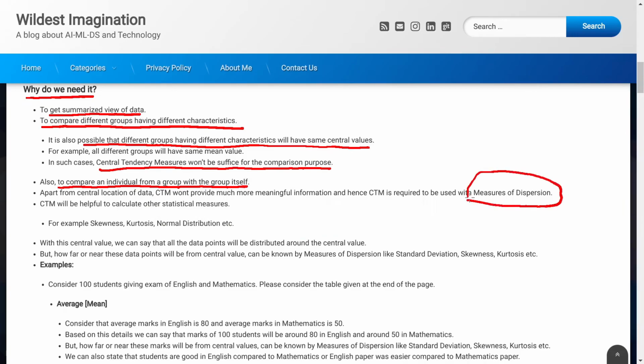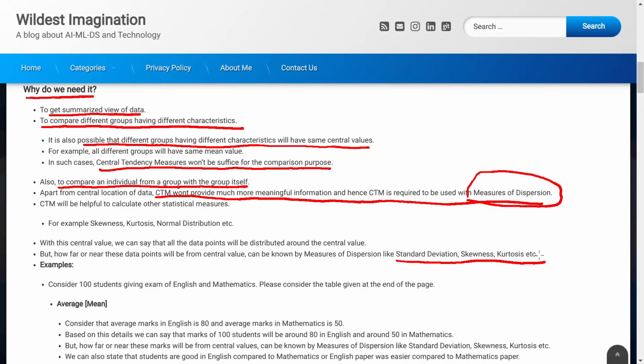Apart from the central location, summary statistic, or overview of all the data points, CTM won't provide much more meaningful information, and hence it is advisable to use CTM with measures of dispersion like standard deviation, skewness, kurtosis, variance, etc.